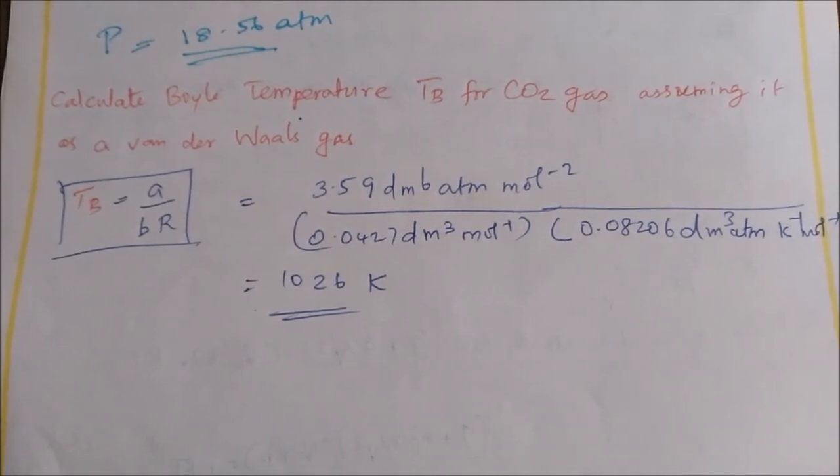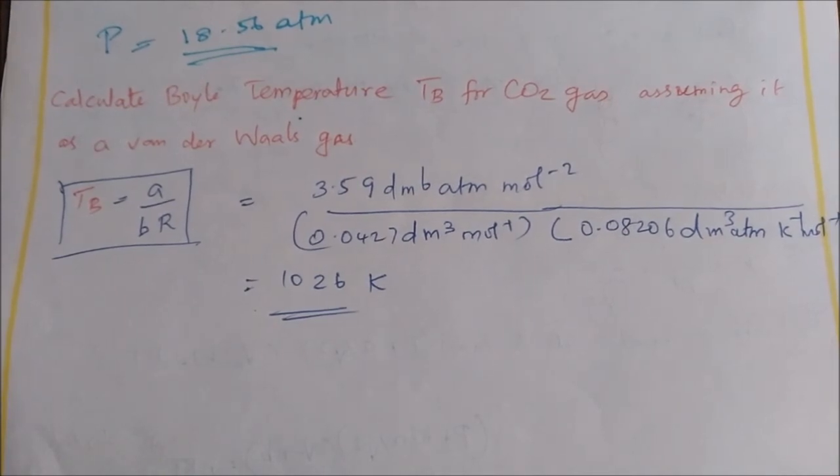The temperature at which a real gas obeys Boyle's law is known as Boyle temperature, and it is indicated with Tb. Let us see the relationship, Tb is equal to a by bR.